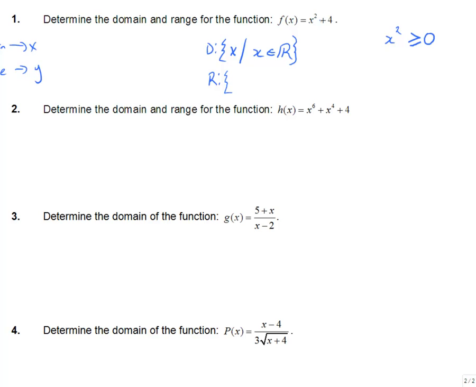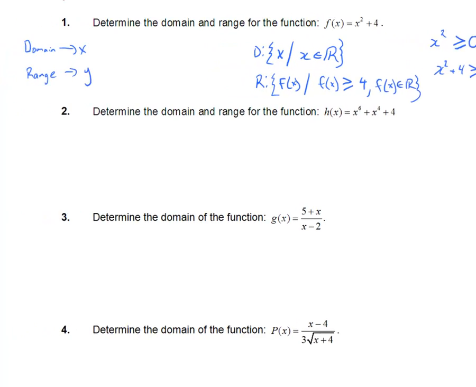If x squared is always positive or equal to 0, that means that x squared plus 4 is always bigger than or equal to 4. We just add 4 to both sides. That tells me the range is f of x such that f of x is always greater than or equal to 4, and it belongs to the set of real numbers.